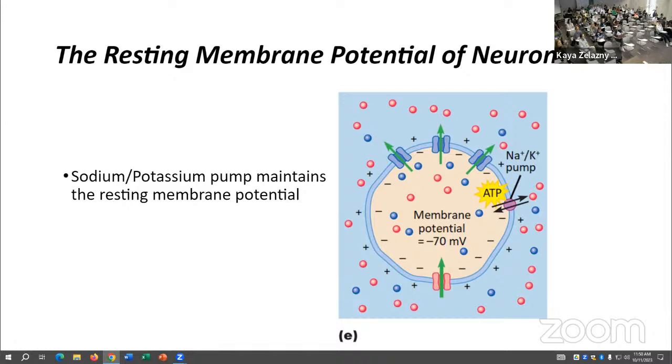So potassium has more leak channels. That's what those channels actually are. Many different types of channels, but leak channels for potassium are about 25 times more common than our leak channels for sodium. So we can see all of that kind of going on in this picture.